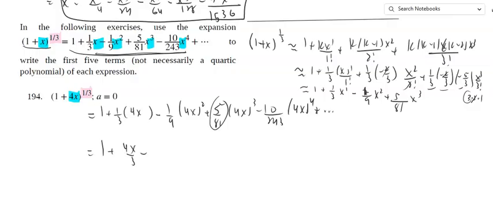4x over 3 minus 16 over 9x squared plus 4 cubed, 64 times 5, that is 320 over 81 x cubed minus 60, what is that? 16 times 256, add a 0, and then it goes on.